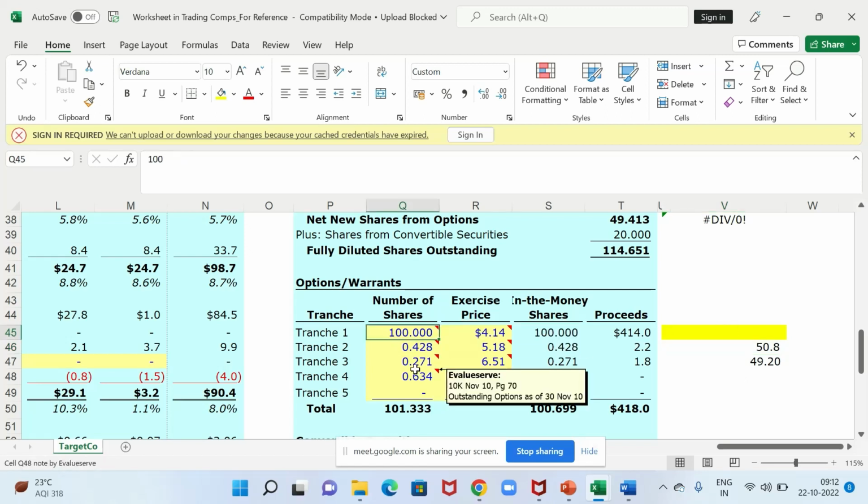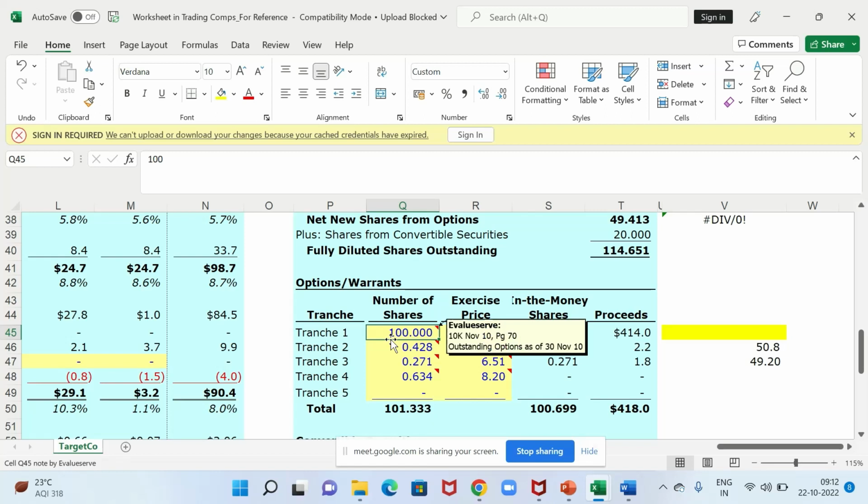Suppose I have 100 stock options to be issued, with a strike price of say 4.14.